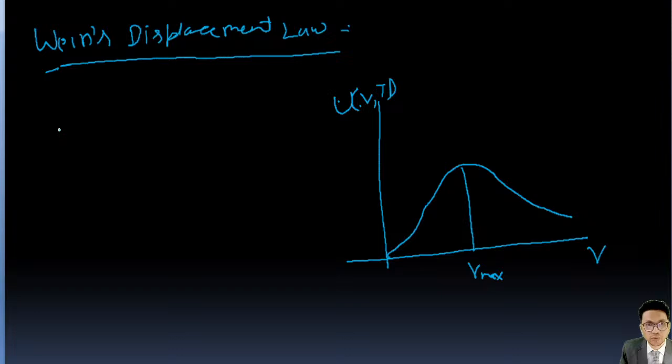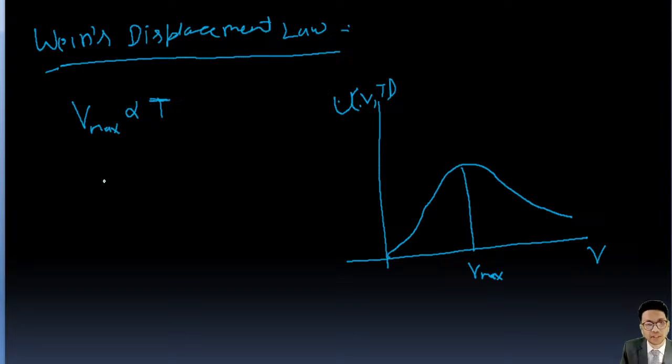Wien's displacement law says the frequency of peak energy density, that is nu max, is proportional to the temperature of the black body, the glowing object.